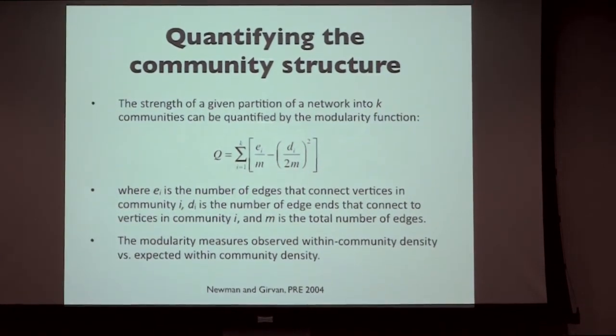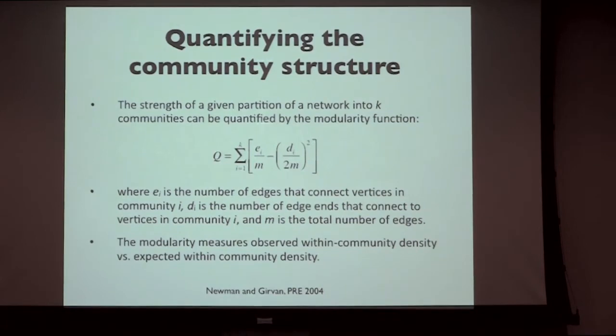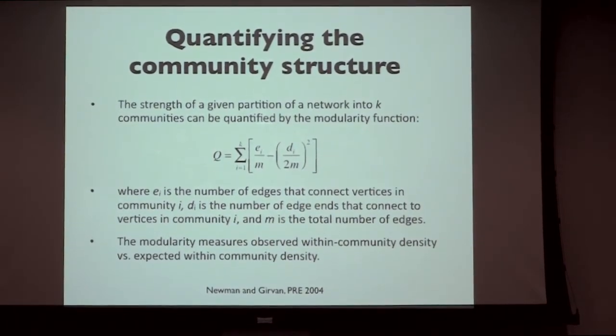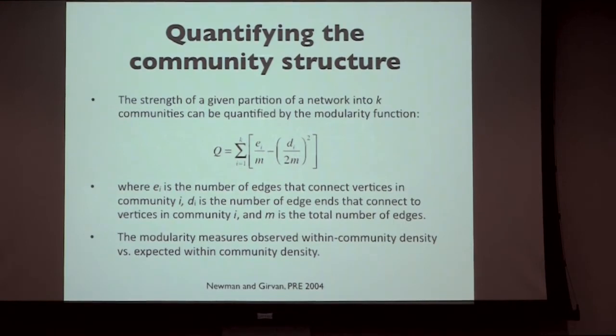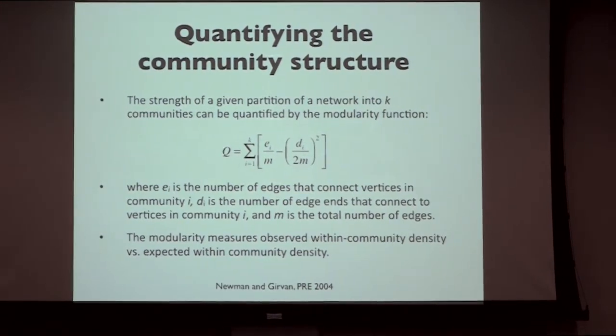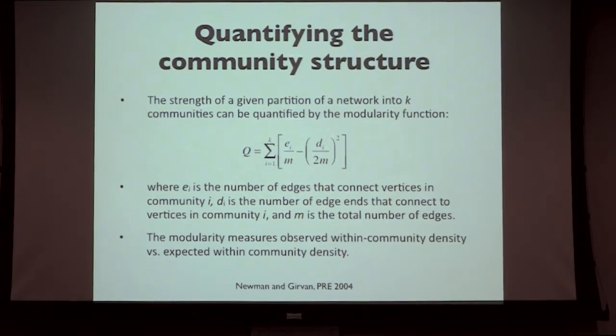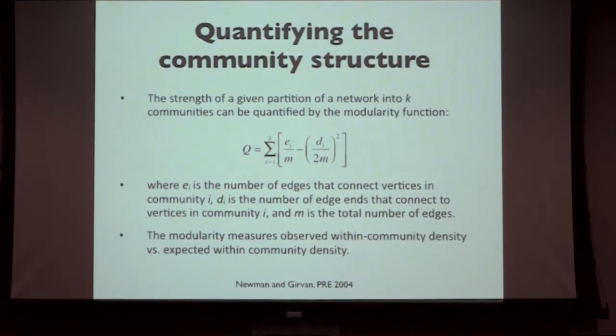We can calculate the strength of a given partition of a network into k communities. It can be quantified by something we call the modularity function, defined as follows: the sum over all communities of E_i over M minus D_i over 2M, the quantity squared. So what does this mean?